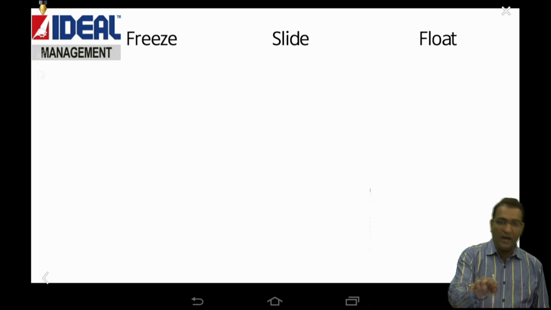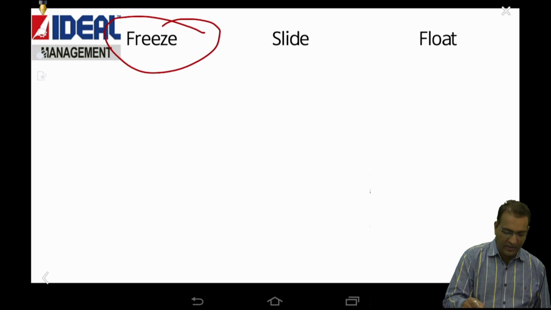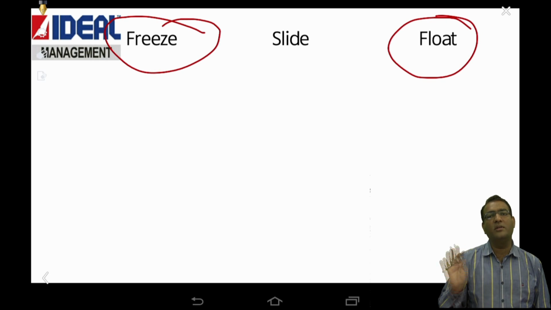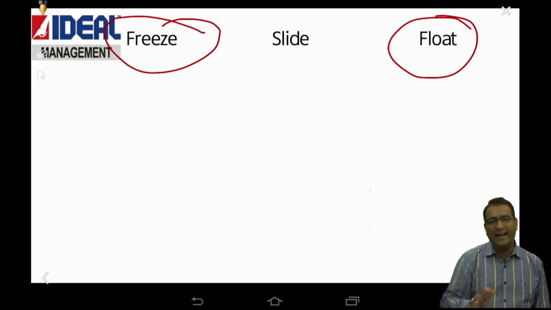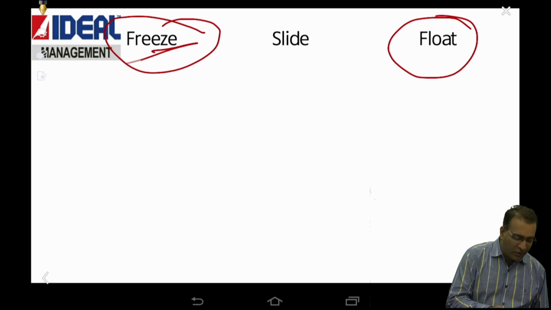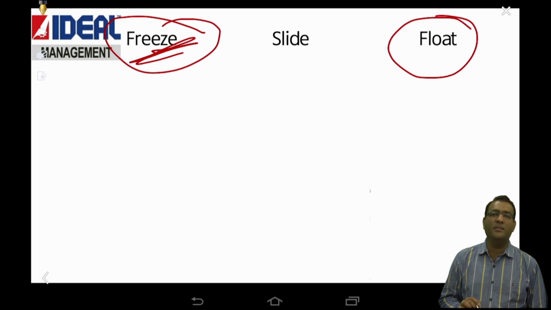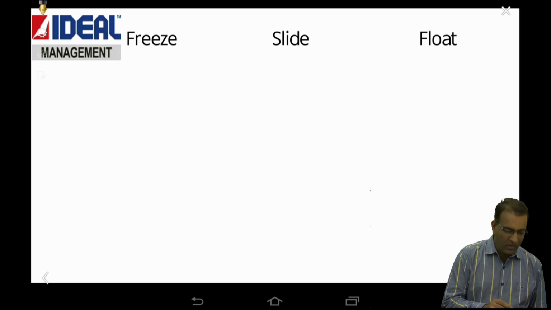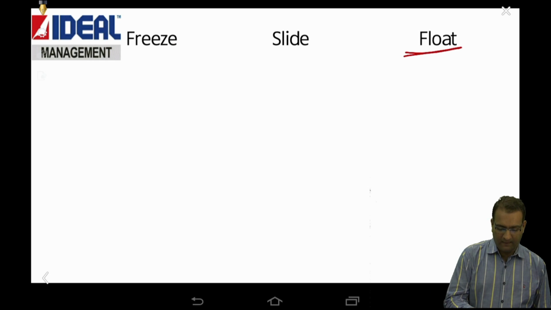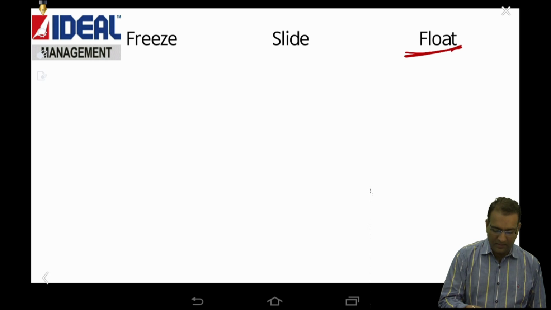For us, it is useless because it is not applicable in MBA courses. So for our purpose, freeze and float are more than enough. And I guarantee nobody would like to go for freeze either once they understand the meaning of float. Float means, yes, I confirm my admission.